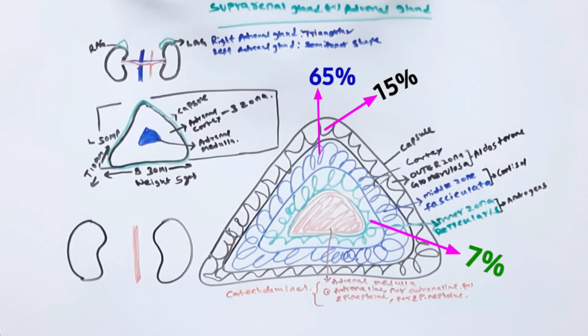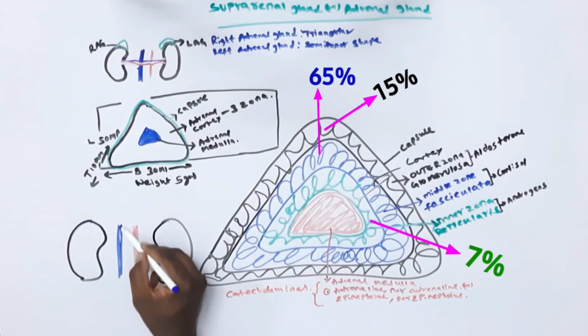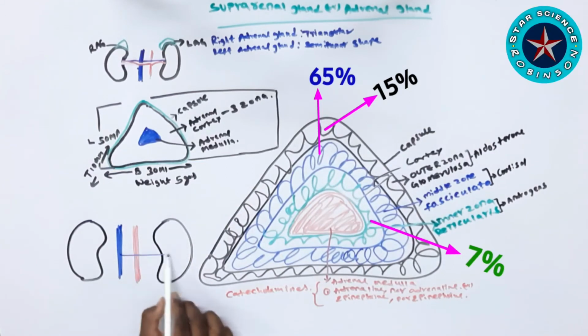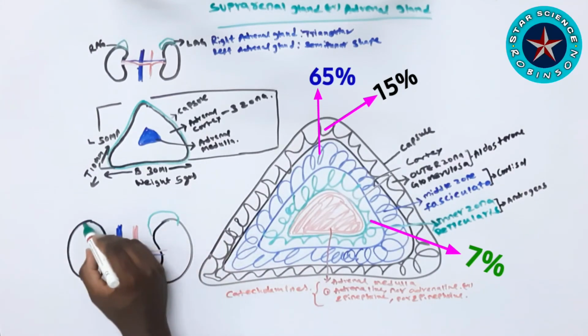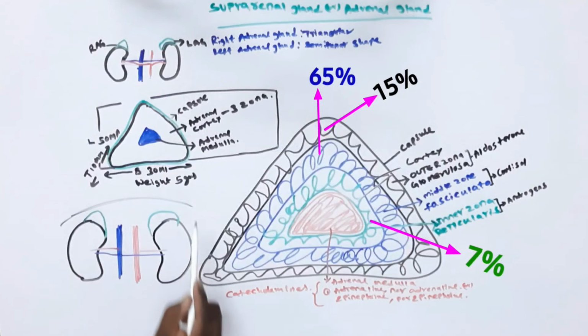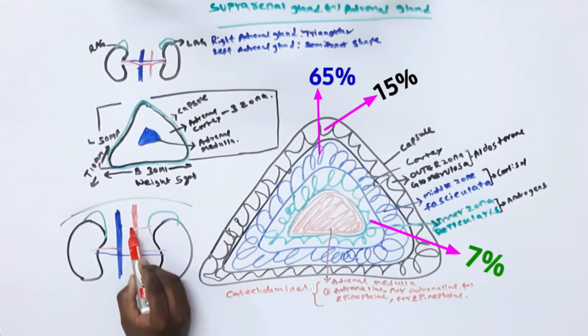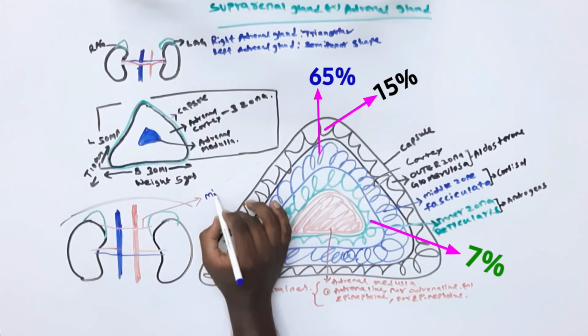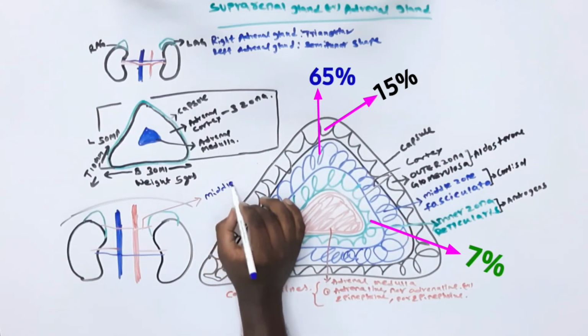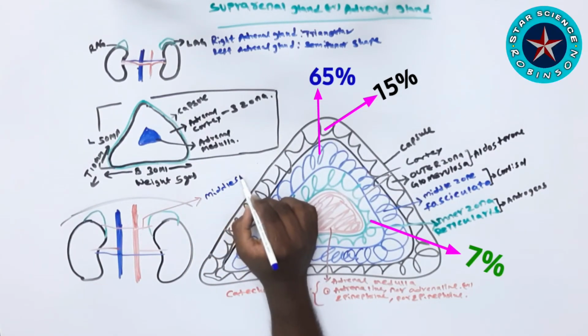This is the fight or flight response in the medulla, called catecholamines. So we have seen aldosterone in the outer zona glomerulosa, cortisol in the zona fasciculata, and androgen in the inner zona reticularis. This is about the hormones of the adrenal gland.